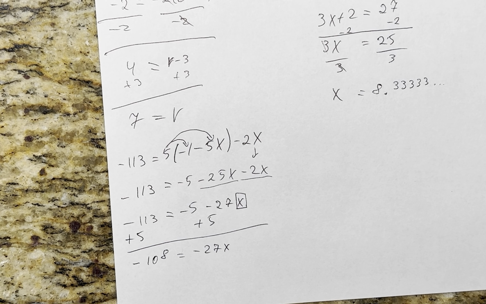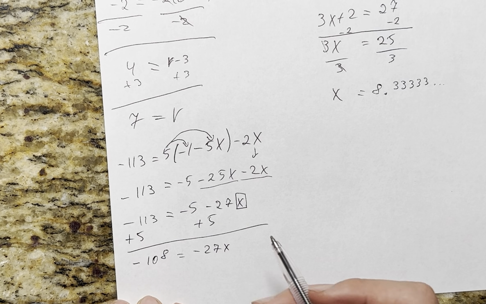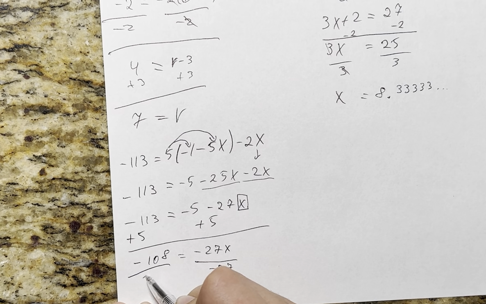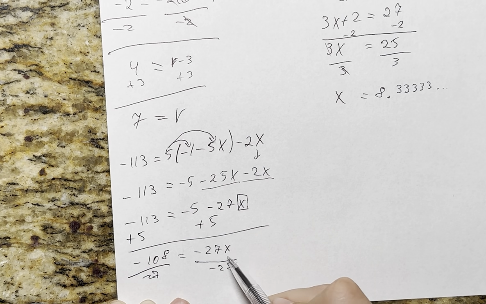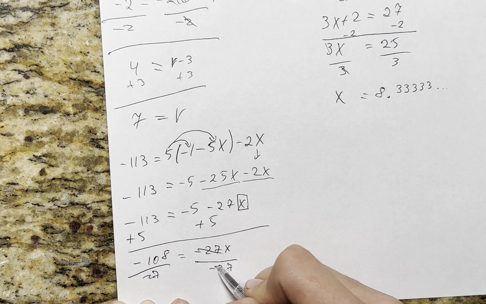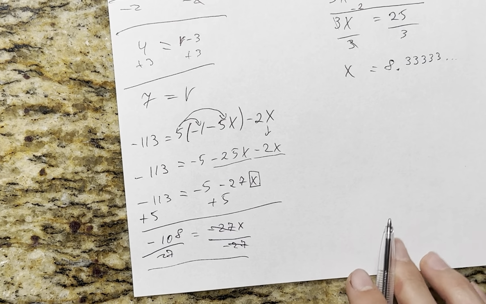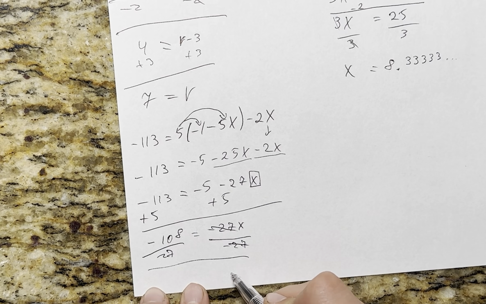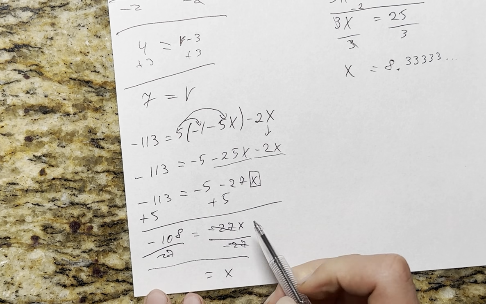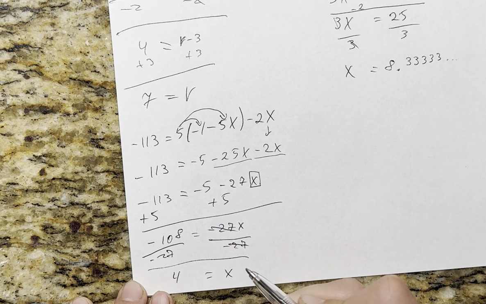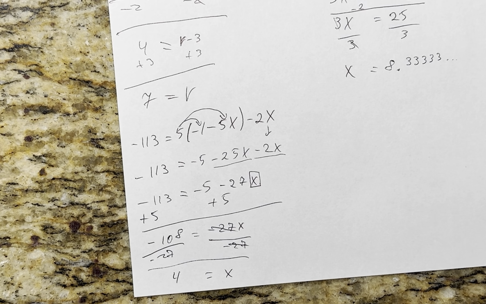And then you have to divide each side by negative 27 to leave the x by itself. This will cancel out, and you'll get x by itself equals negative 108 divided by negative 27, which is 4. Right, and that will be your answer.